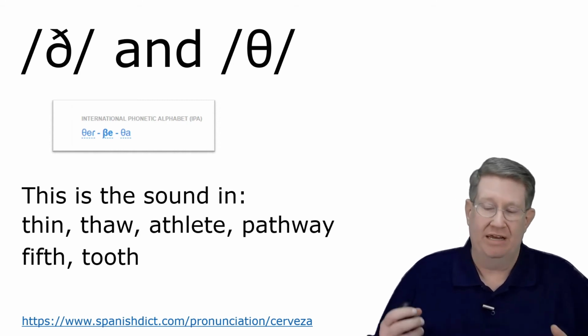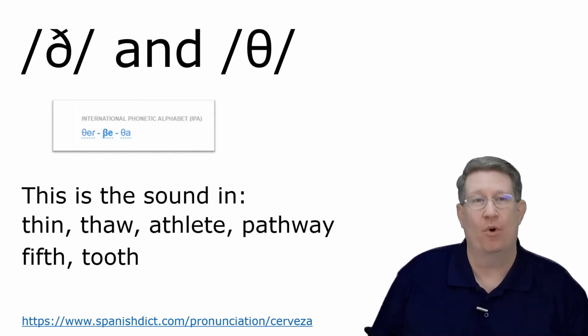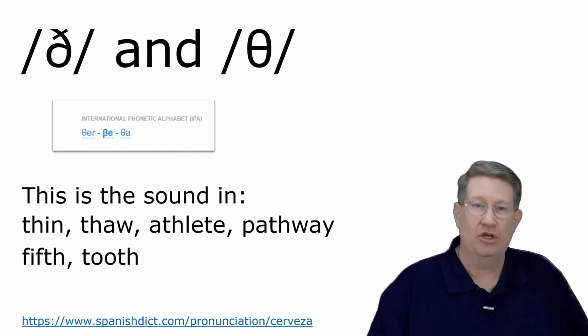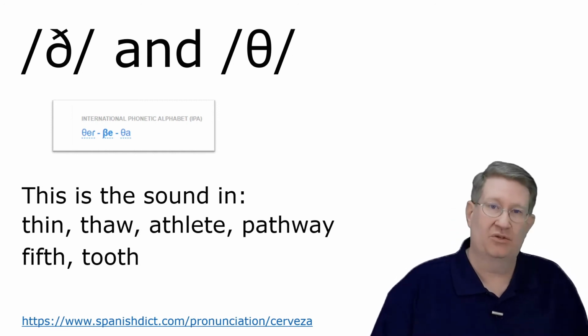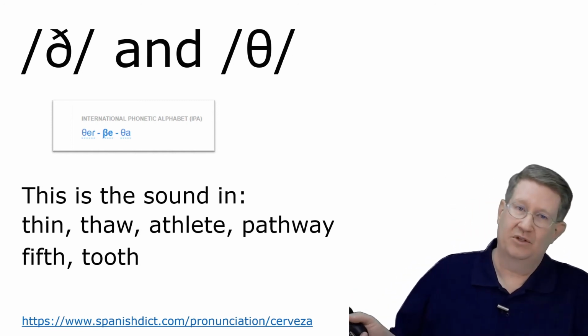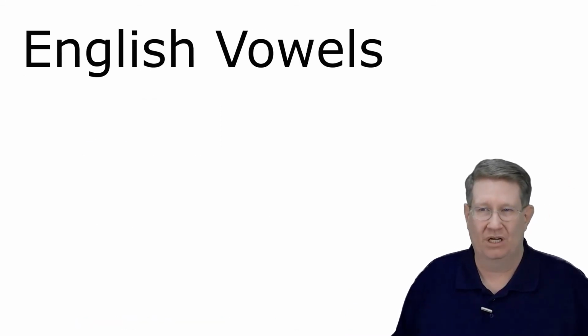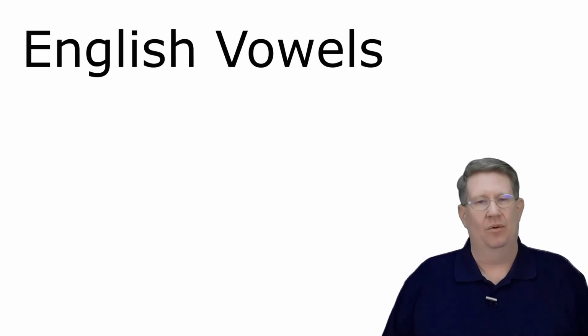So if you're from Spain, you already make both of these sounds. You maybe just don't realize it. If you're from Latin America, you make one of them. If you can speak with a Spanish accent, then you can make both of them as well. All right.